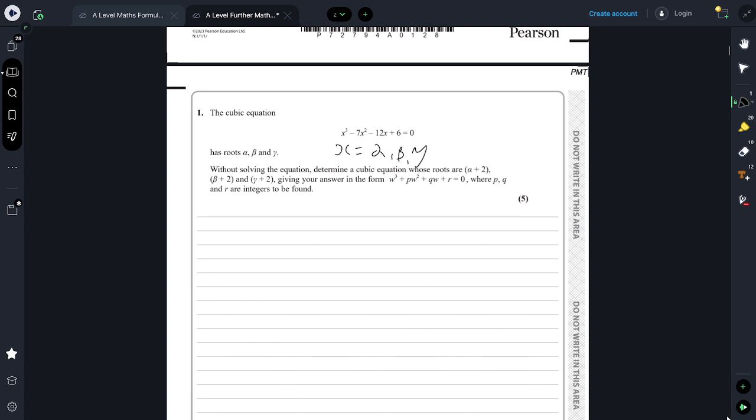Now, if we shift our roots by plus 2 each, essentially w equals x plus 2.